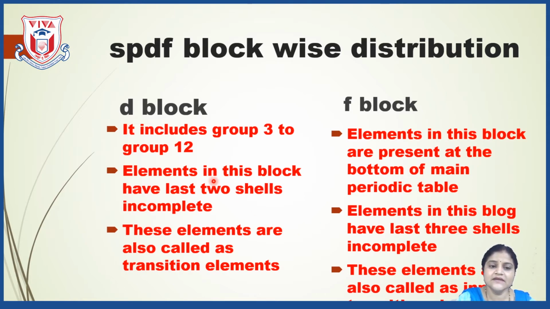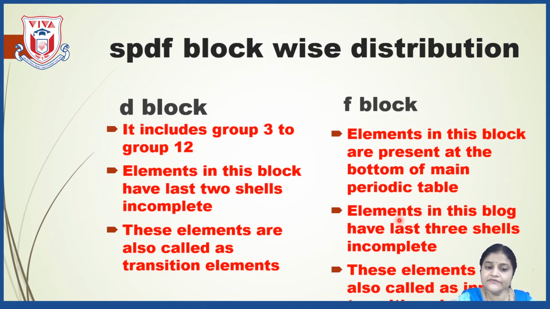Second point in the D block is that elements in this block have their last two shells incomplete. So whatever elements are present at the center of the main periodic table have their last two shells incomplete. And in the F block, the elements have their last three shells incomplete.